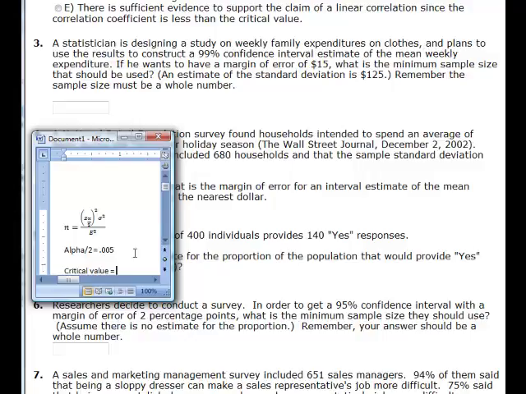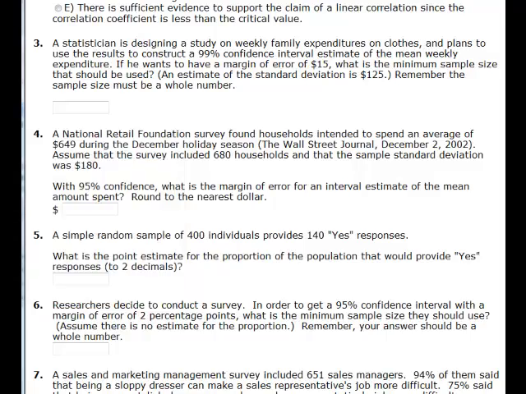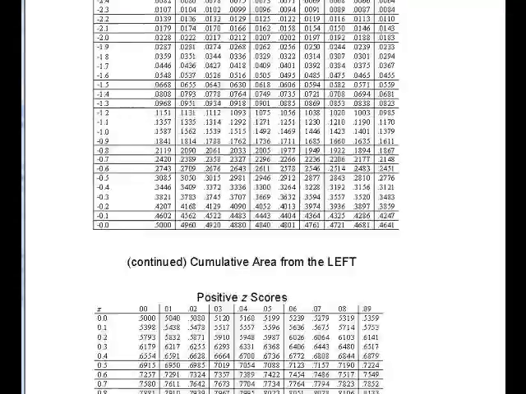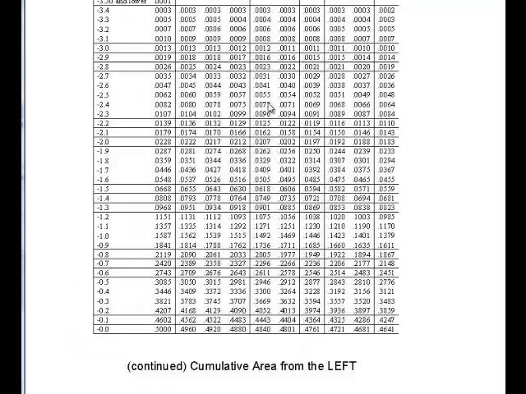So for our critical value, one thing we can do is look up 0.0050 in the middle of our table, and there's a table down here at the bottom. So we're trying to find the closest thing to 0.0050, and it's actually halfway between the 0.0051 and the 0.0049. So we could use 2.575.